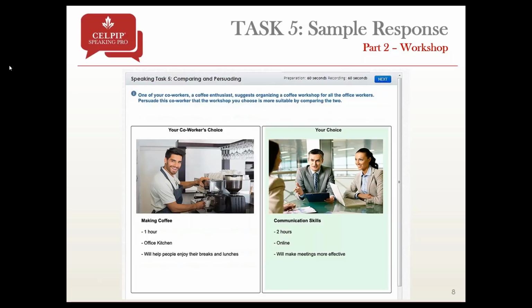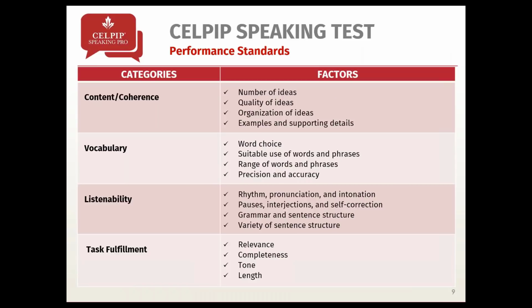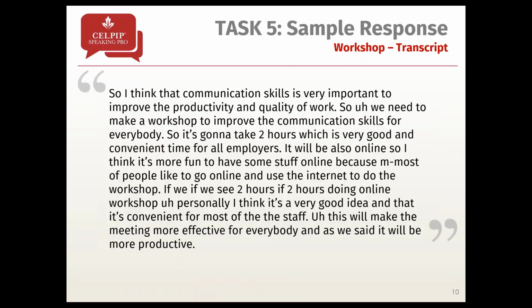All right, so I'm going to let you have a look at the transcript, and go ahead and send me your level guesses if you feel like you want to. And a couple of comments from our raters, then I'll tell you what the level is.